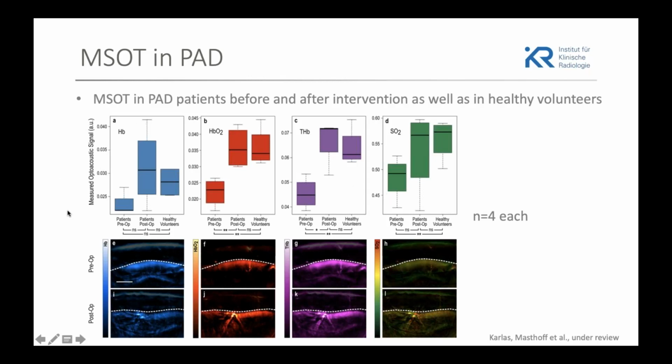So regarding long-term outcome and long-term measurement of MSOT, there's a lot of work to do in bigger studies, but a very interesting topic in my opinion, to assess this in the future: how MSOT signaling as assessed before and directly after the intervention correlates with outcome or restenosis rate would be very interesting in the future as a clinical application, because then you would establish an imaging method which images actually the affected tissue and not the anatomical information of the stenosis.